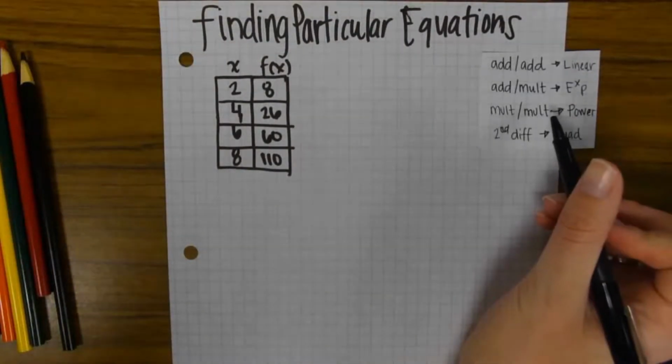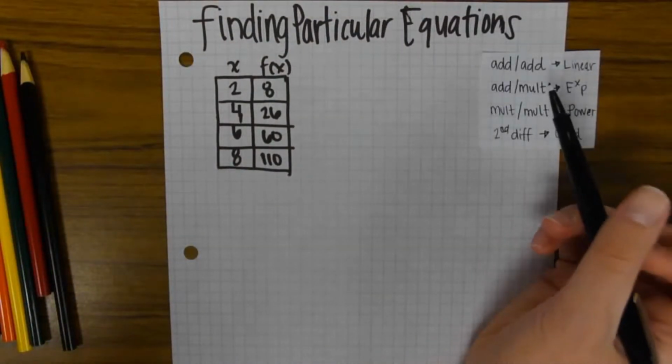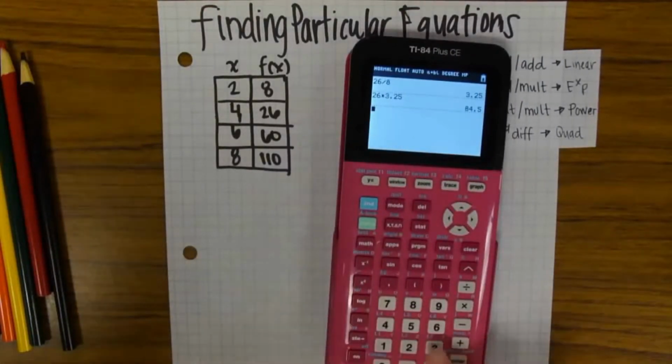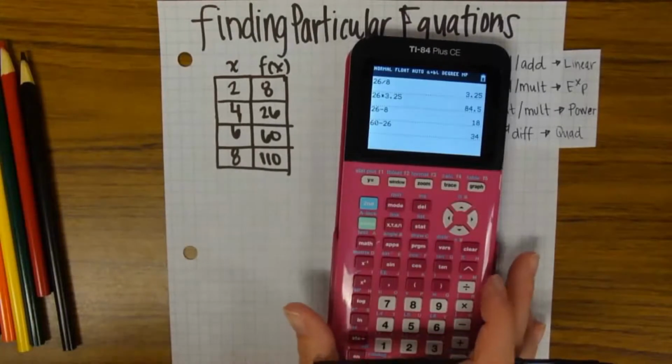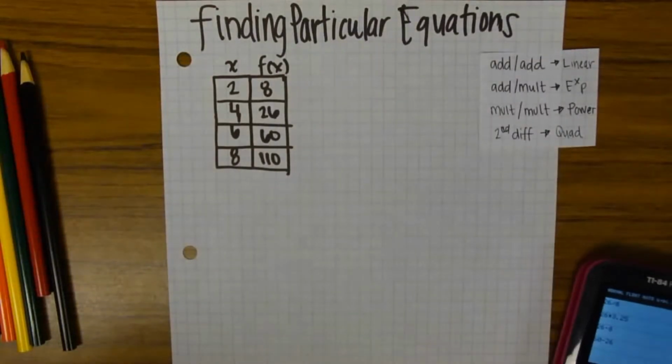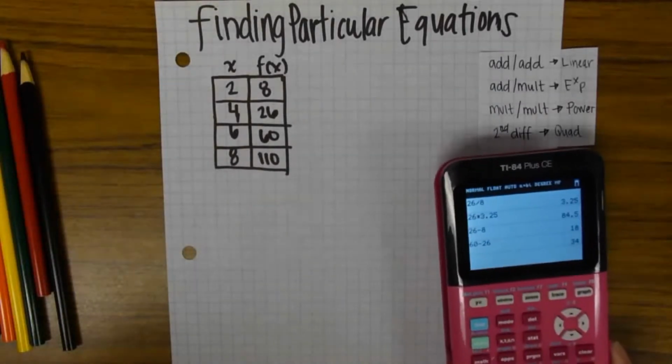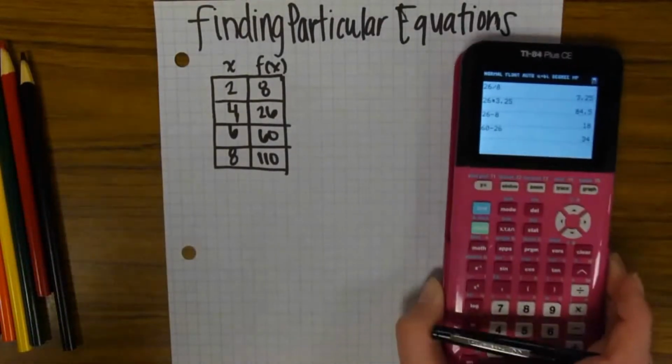So we know multiply, multiply is out. We know add, add is out just because if we look, 26 minus 8 is 18, 60 minus 26 is 34, so it can't be add, add. Can't be add, multiply, we just figured that out. So that means that maybe it's a second difference.